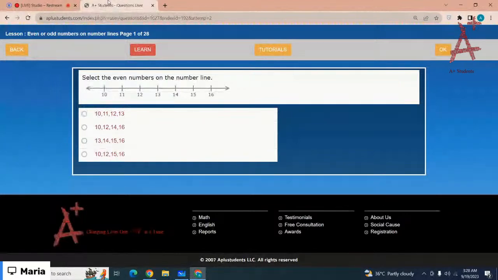So which is the correct option? Yes, even numbers are the ones that are divisible by 2. So the correct option is option number 2. 10, 12, 14, and 16, they all are even, right? That would be the second option.